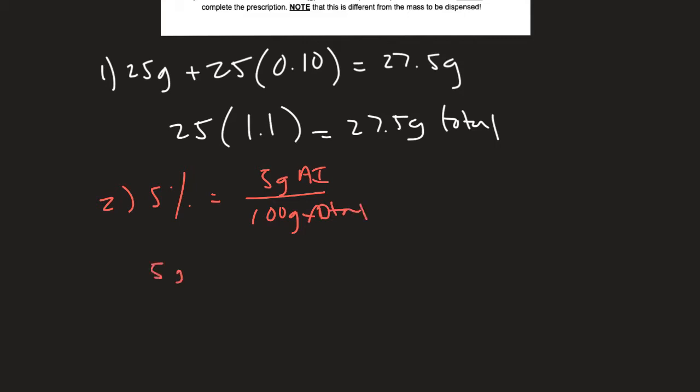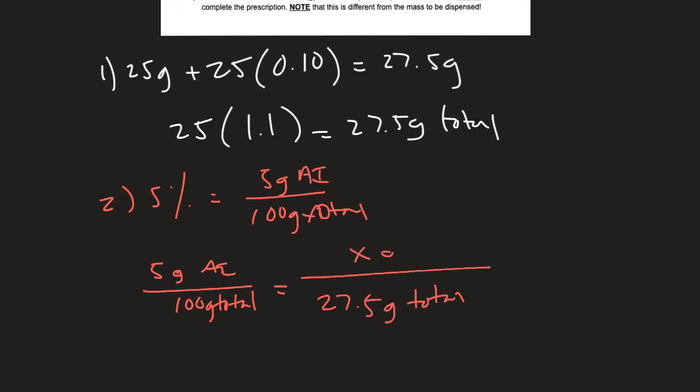So 5 grams of AI per 100 grams total. We know we're working at 27.5 grams total. How much Doxepin do we need? So solving for X gives you 1.375 grams of Doxepin needed to compound the prescription.